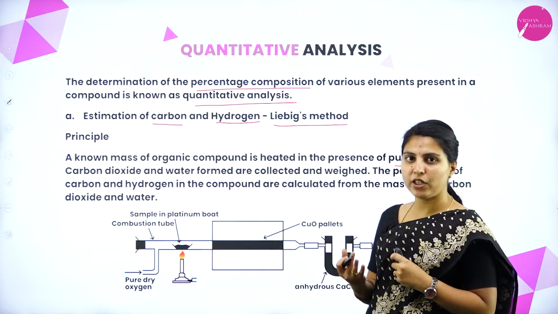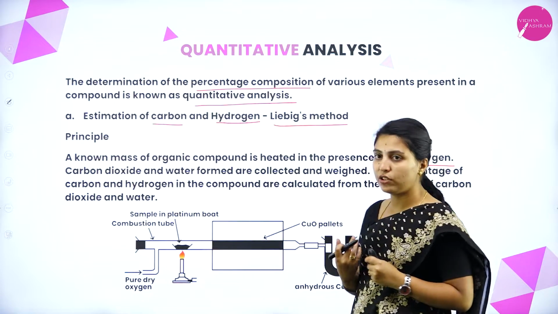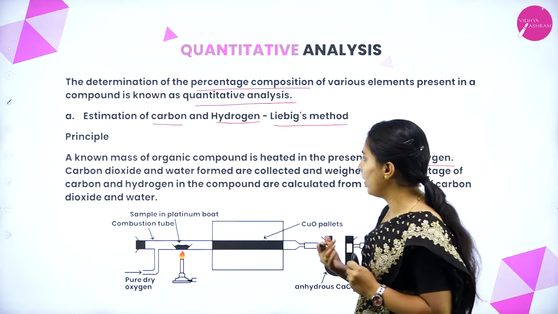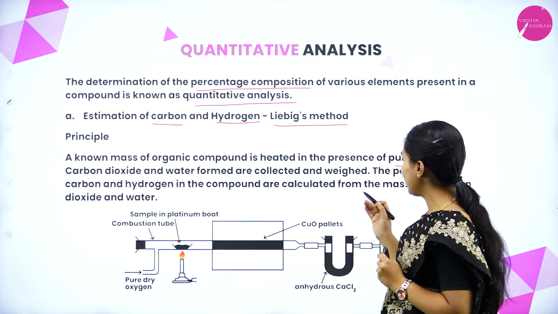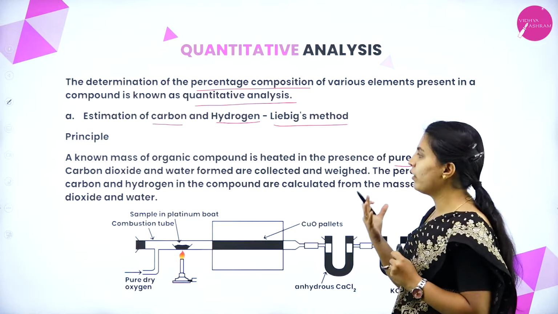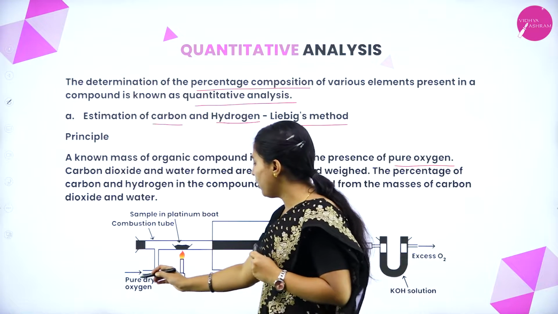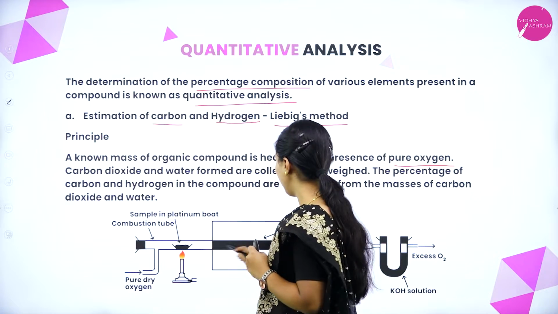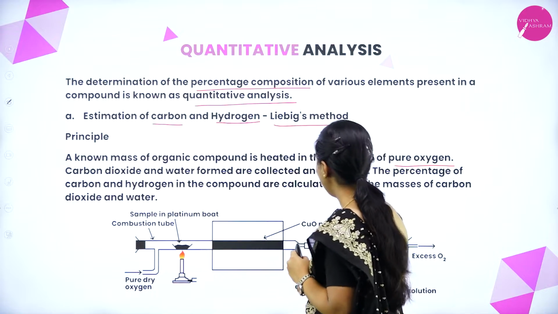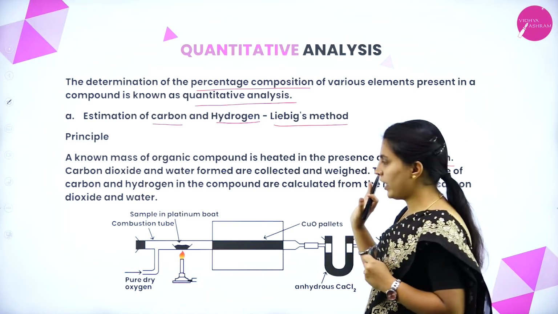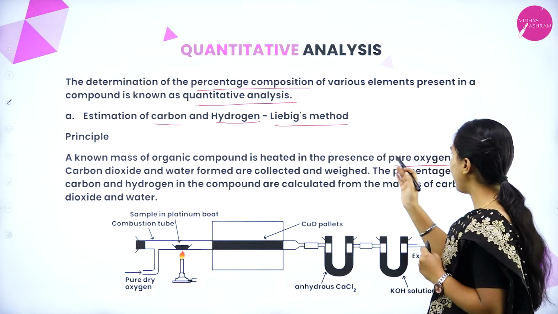A known mass of organic compound is taken and heated in the presence of pure oxygen. The carbon dioxide and water formed are collected and weighed. The percentage of carbon and hydrogen in the compound are calculated. See here, pure oxygen is given and this is the combustion tube, and here the compound is heated. Whatever carbon dioxide and water has been formed will be collected and weighed.